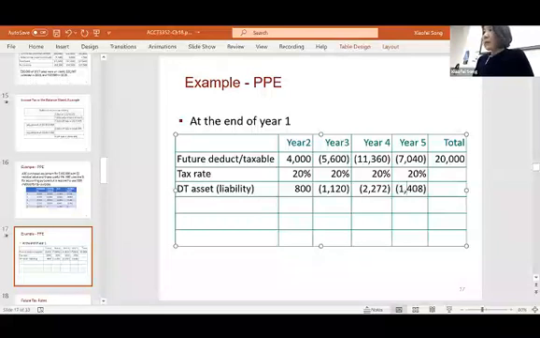So altogether, we should have a deferred tax liability of 4,000.